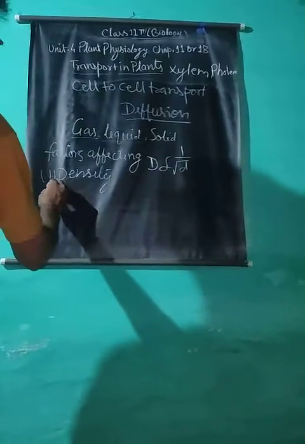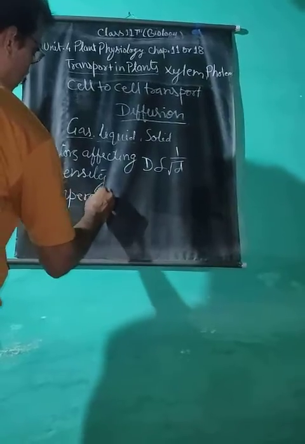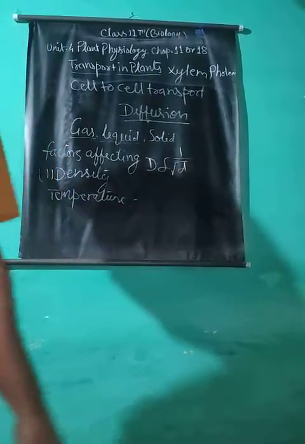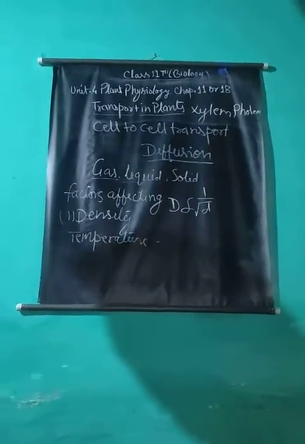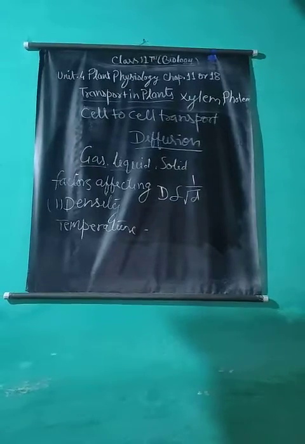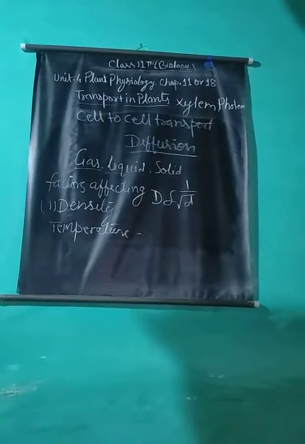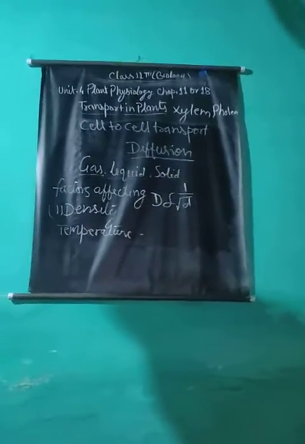Another factor is temperature. With an increase in the temperature of the diffusing medium, the kinetic energy of the molecules present in the medium also increases. It results in an increase in the diffusion rate of molecules.